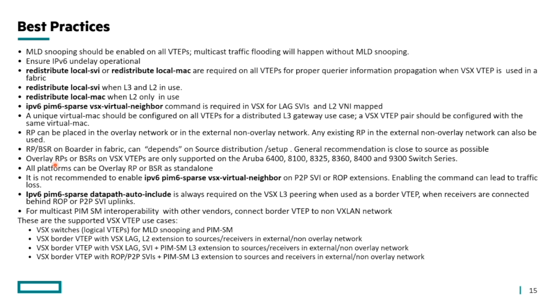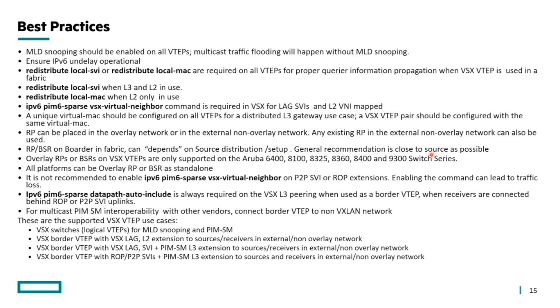Same for the IPv6 underlays, that both the RPs or BSRs are only supported on the platforms shown: 6400, 8100, 8325, 8360, 8400. Note that the 10K, 10,000 is not there. And then some of you SEs, or maybe testing in your labs, you can have an RP or BSR on a standalone device.